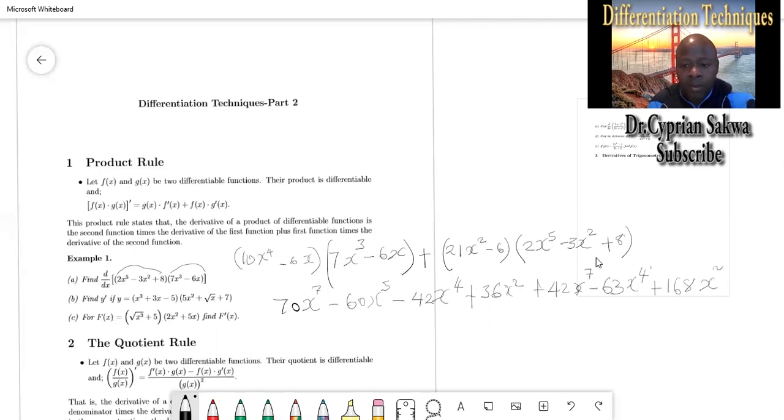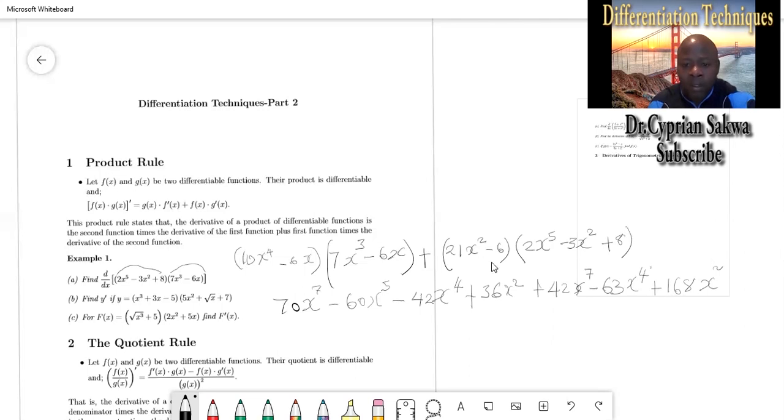Let's just repeat from here. This times this was 42x raised to 7. Then this times this was 63x raised to 4. Then this times this was 168x raised to 2.